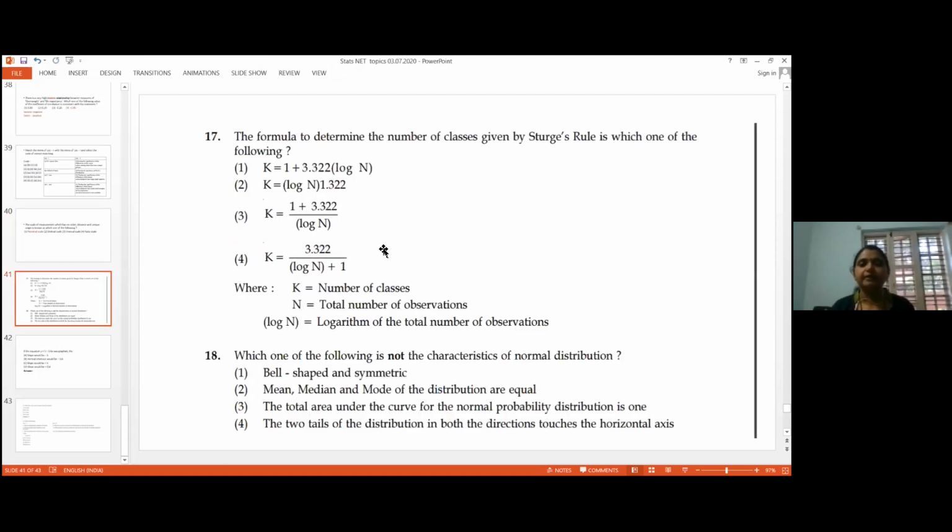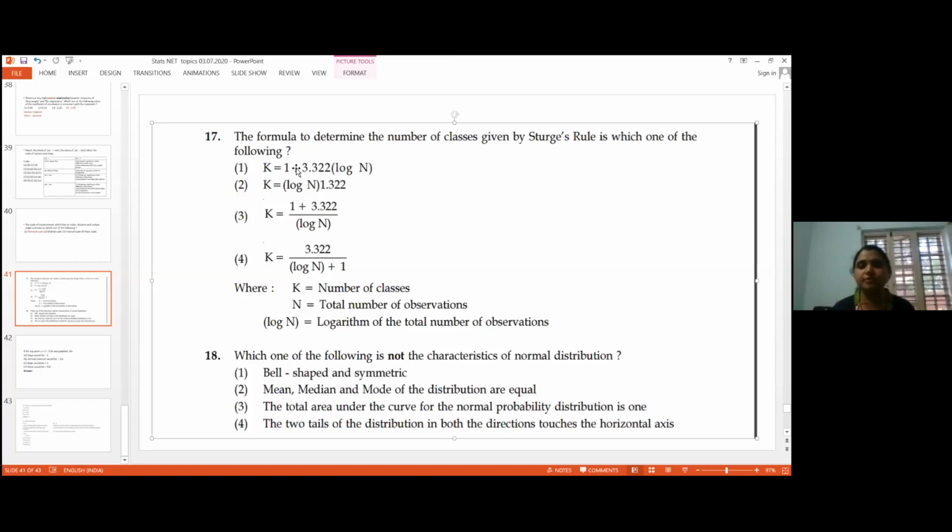Then Sturge's rule. Sturge's rule is the rule that is used in software, when you ask for a histogram or a frequency table, it comes by itself. It is based on Sturge's rule, which we don't manually use much because taking log is difficult. What is the formula?